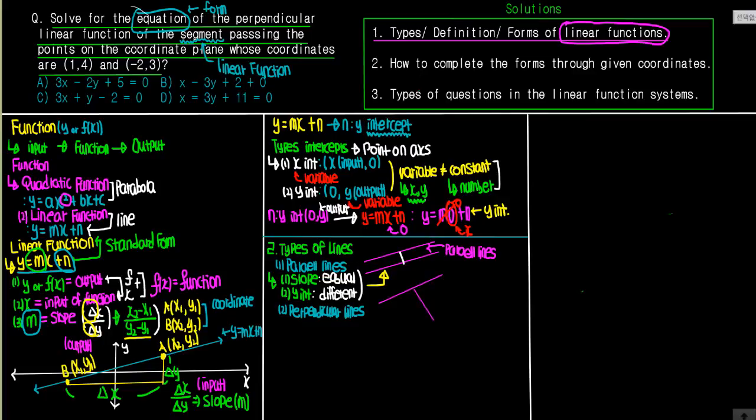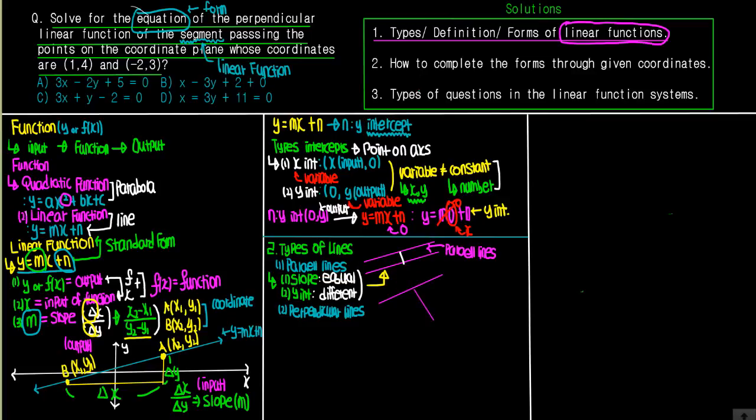And if you want to know if it's perpendicular, you should create 90 degree angles: 90 degrees here, 90 degrees here, and 90 degrees here. This is how we can prove if it's a perpendicular line or not.